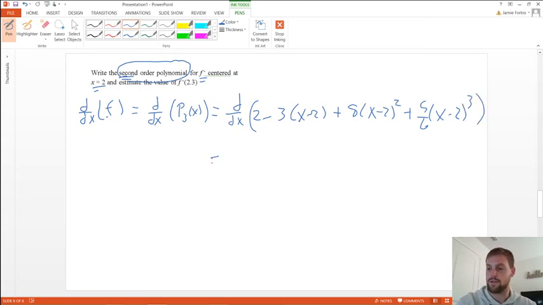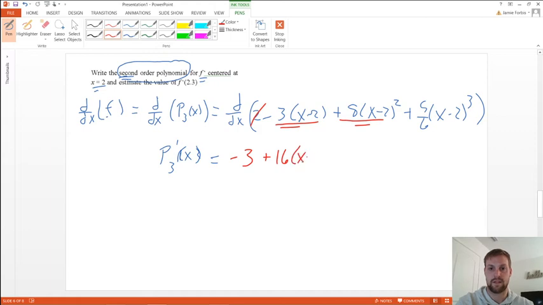So if I take the derivative and get p prime of x, and this was order 3, the derivative of 2 goes away. The derivative of this piece here is just going to be negative 3. The derivative of this piece here is going to be 16 times x minus 2, and then to the first power now.